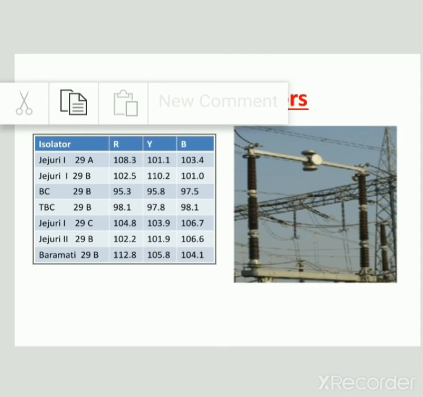In particular, isolators are connected in R, Y, B, up to three phases according to their locations, for example Jejuri 29A, Jejuri 29B, BC 29B, TBC 29B. So this is all our capacity in case of Jejuri, in case of Baramati. Then in such a system, the resistance of the RYB phases fluctuates.